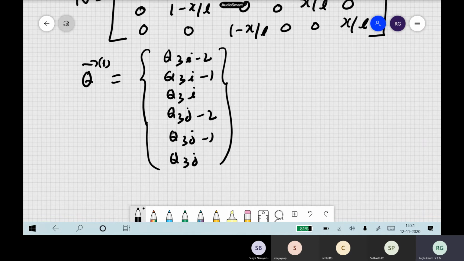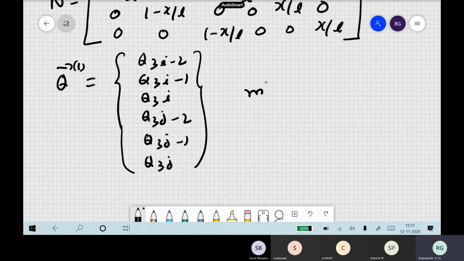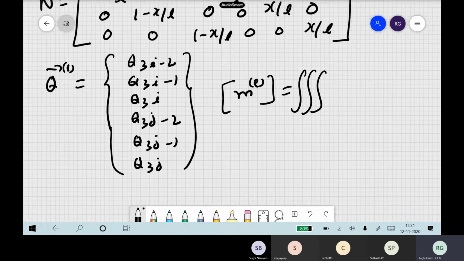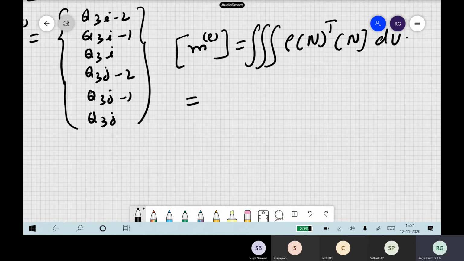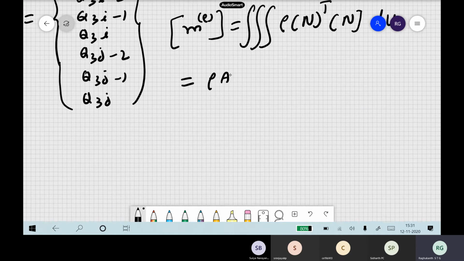Now we have to calculate the mass matrix for this small space truss element. As we already wrote the expression, if you don't know it, you have to get it from the weak form of the equations: integral of N transpose multiplied by N dV. You know all the shape functions, so it is just a calculation.